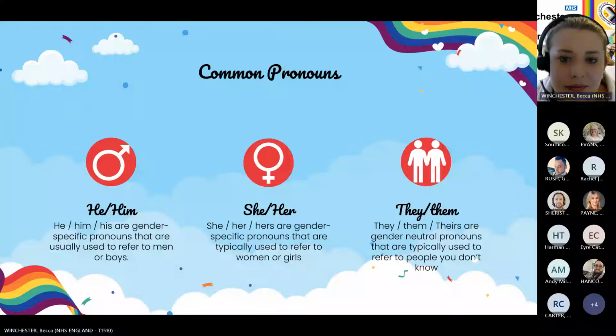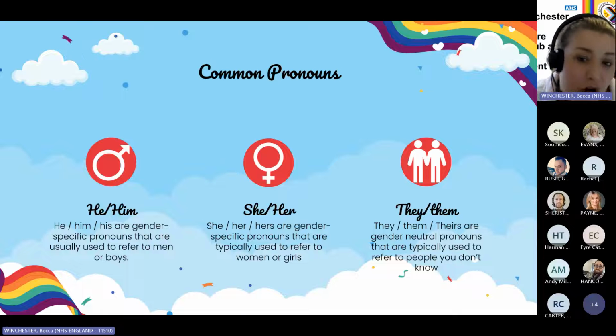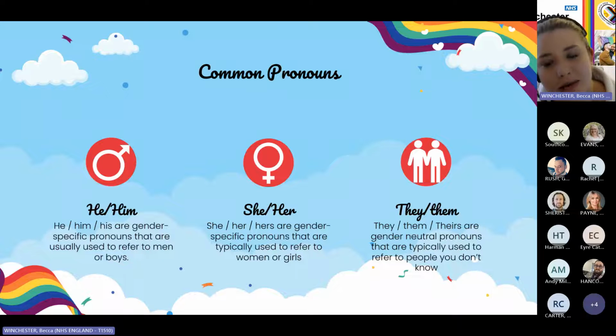So for most people who don't necessarily understand the context around this, they will suggest that you can't use a plural pronoun to refer to a singular person, but of course you can.